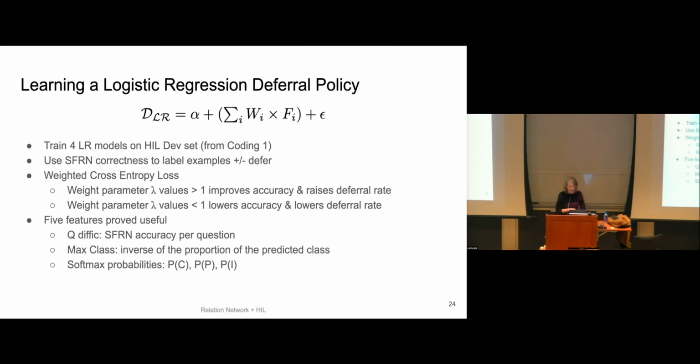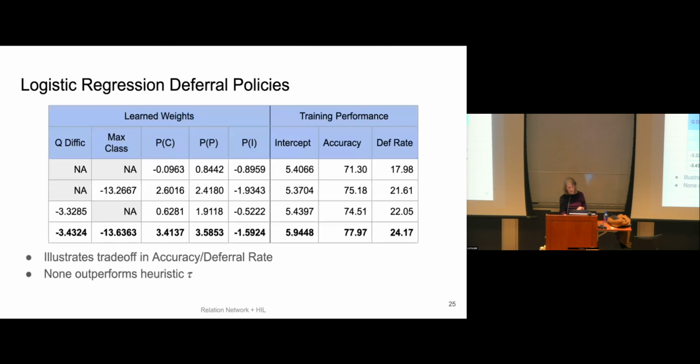They go up together. And the 5 features that we found were useful among, maybe a dozen that we looked at were SFRN's accuracy per question, which we treated as the SFRN difficulty. And then the inverse of the proportion of the predicted class in the whole data set, and then the softmax probabilities.